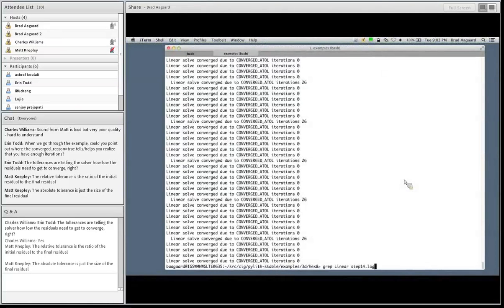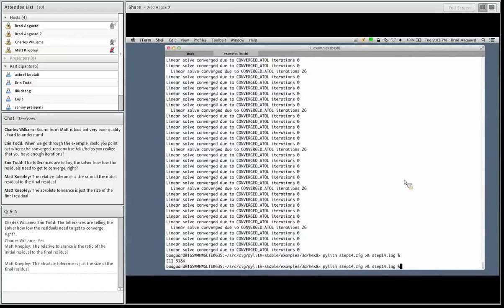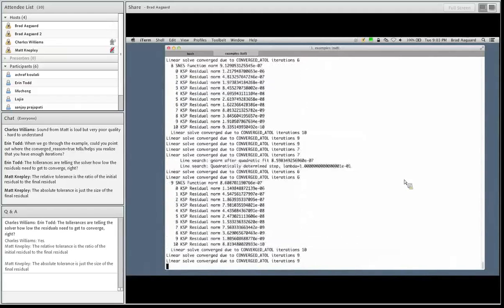Go back to my terminal. Now we're going to run step 14 again, and we'll watch the output.